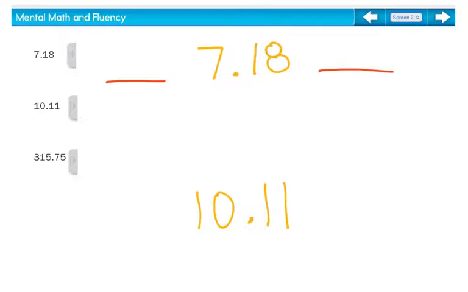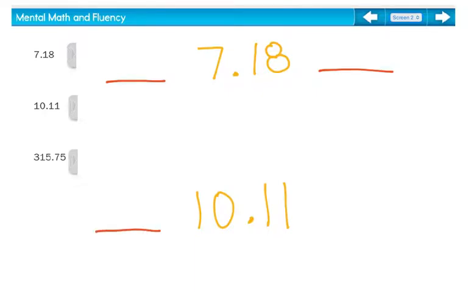Erase your whiteboard. Let's take 7 18/100 at the top and middle of your board, and 10 11/100 at the bottom in the middle. This time, I want you to use a decimal that begins with 7 that is less than 7 18/100, and a decimal that begins with 7 that is greater than 7 18/100.